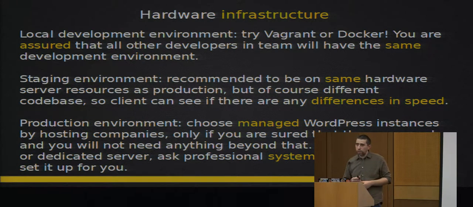If you're developing some new functionality, the client may complain, oh, this functionality is much faster on production than staging, because staging is on another server. If staging and production are on the same server, then the speed and the server resources are the same, so the client can't complain about that.